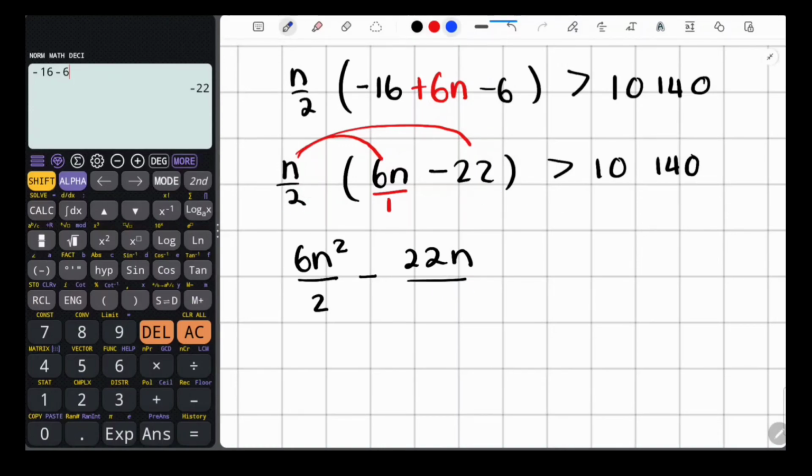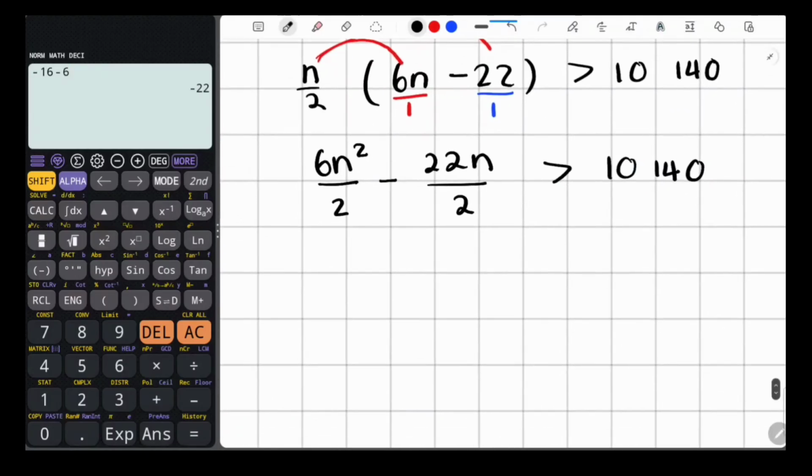And then we can also put a denominator here over 1 because it's a whole number, then over 2. Then that is greater than 10,140. Okay, then 6n squared divided by 2, that's just going to give you a 3n squared. Then we have negative 22n divided by 2, which is negative 11n. And then we can take this over, so bringing it as negative 10,140 being greater than 0.